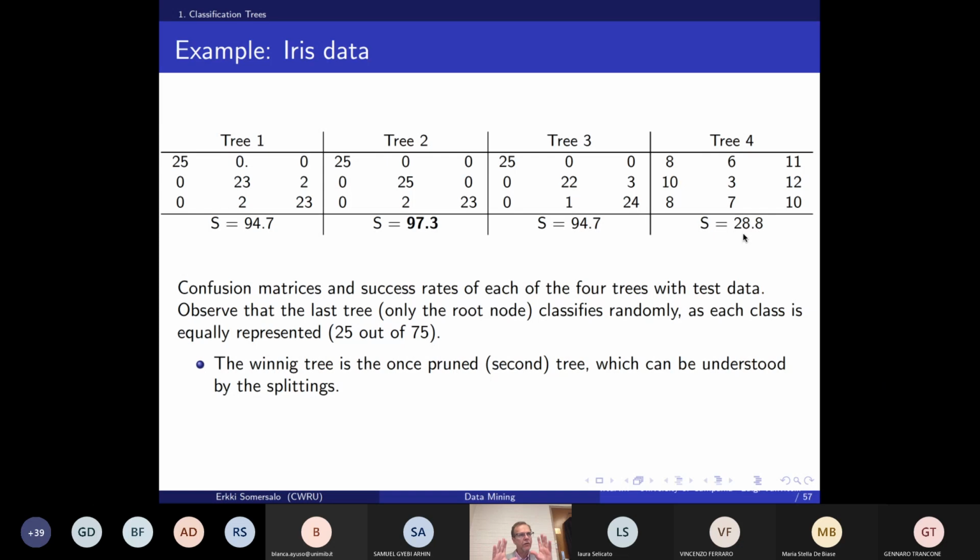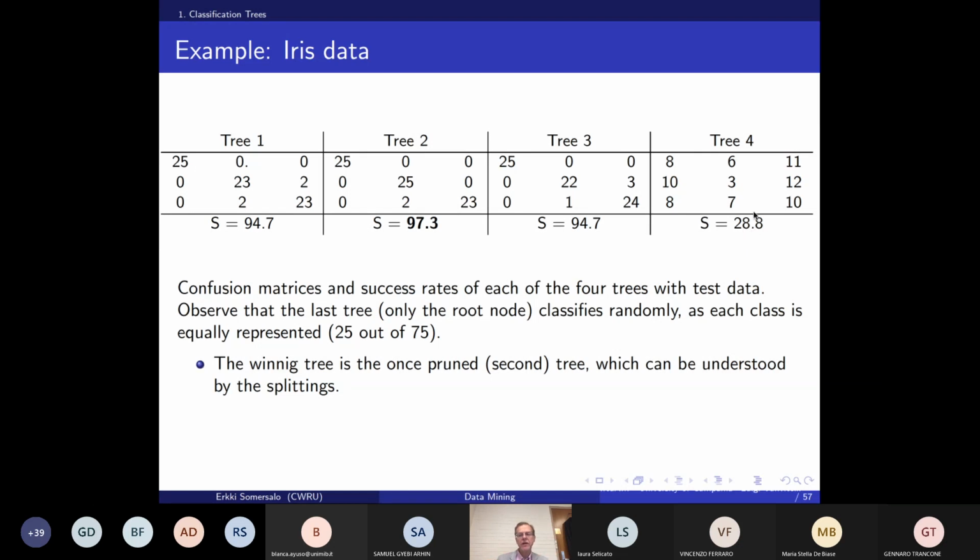So here I'm using only the root, and so you might wonder why I didn't get 1/3, because originally in the root I have 1/3, 1/3, 1/3 in the different classes. So remember, when we do the classification we use the winner takes all principle. So if you have a rectangle where you have 2 or more classes which are equally well represented, then we are flipping the coin and we are just picking randomly the classification.